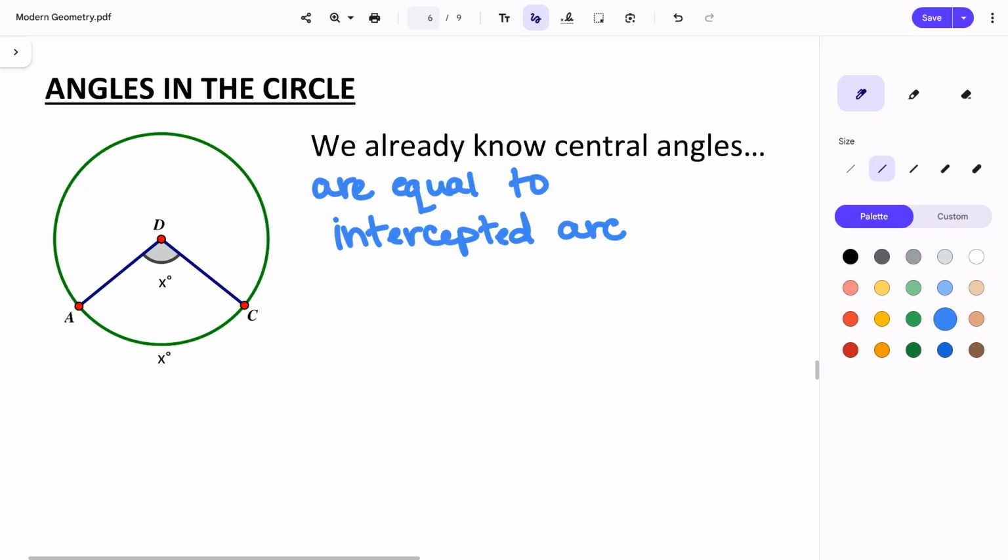So the x and the x are the same. And then what we just talked about is those inscribed angles. When it's on the edge of the circle, they're not the same anymore, but there's still that relationship of the angle being half the measurement of the arc that it's intercepting, okay?